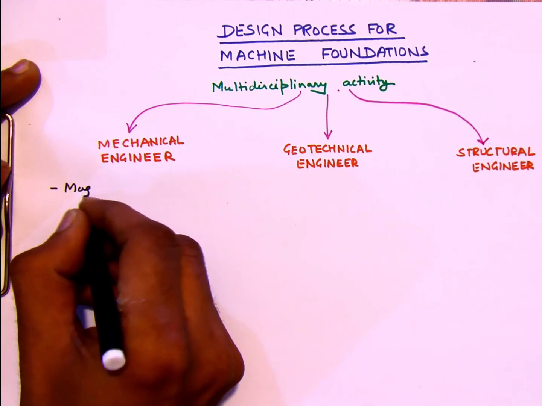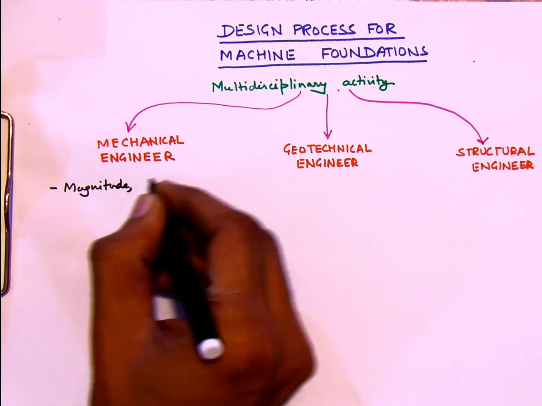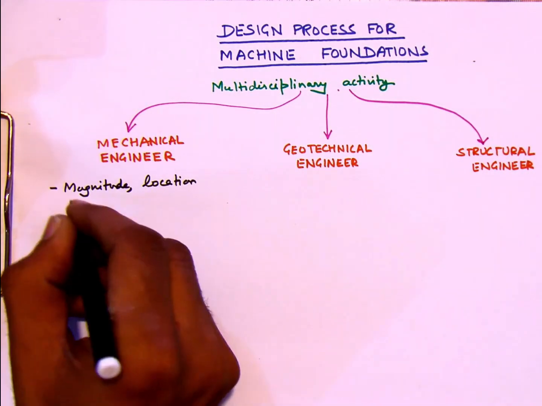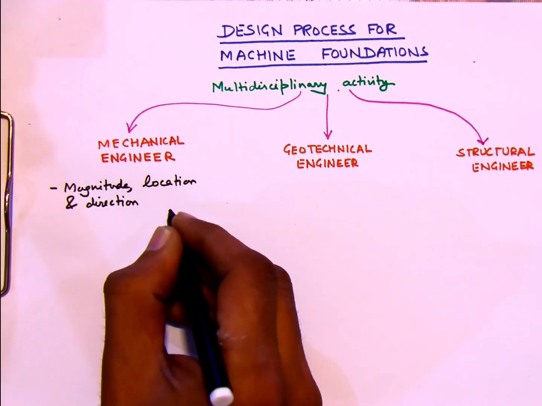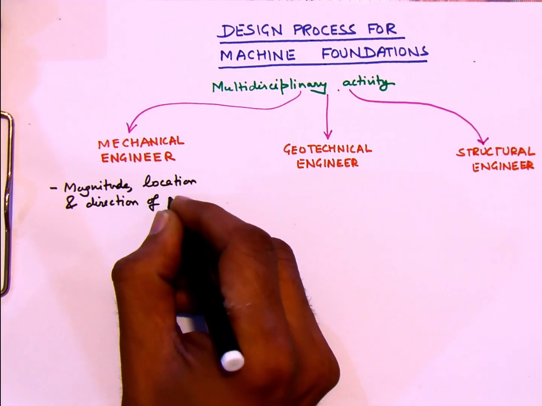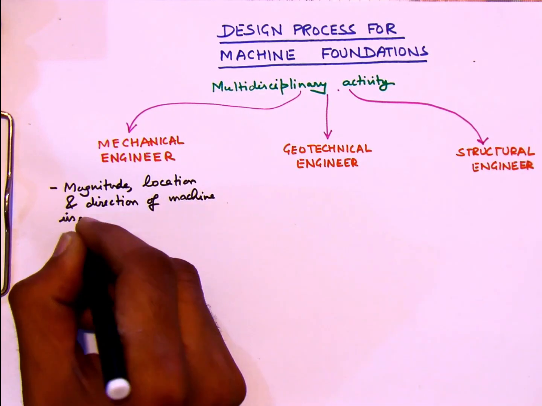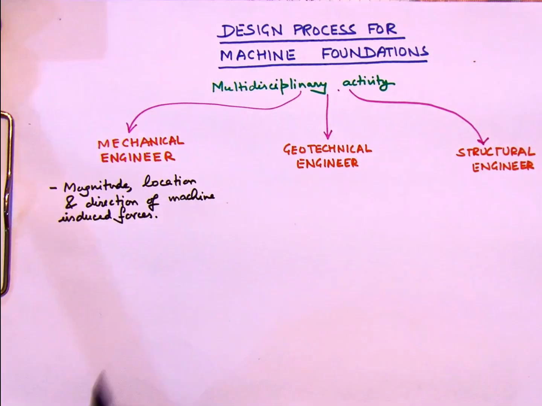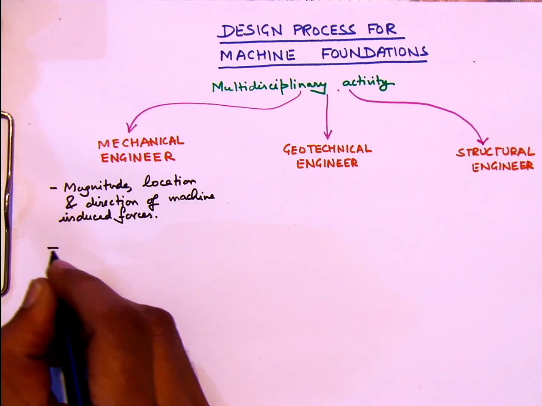Now let's see what inputs are provided by the mechanical engineer and the geotechnical engineer. The mechanical engineer must provide the magnitude, location and direction of the forces generated by the machine at the points of anchorage on the foundation, because these are then made use of by the structural engineer for the design.